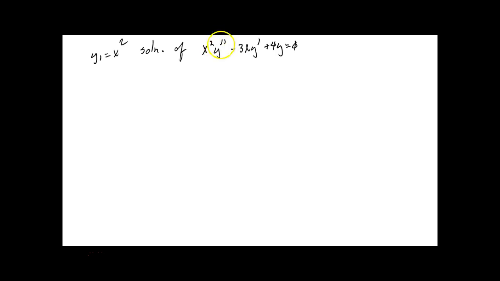Okay. So let's first divide by x squared. So what we have now is y double prime minus 3 over x y prime plus 4 over x squared y equals 0. Now, that's a linear second order differential equation in y.